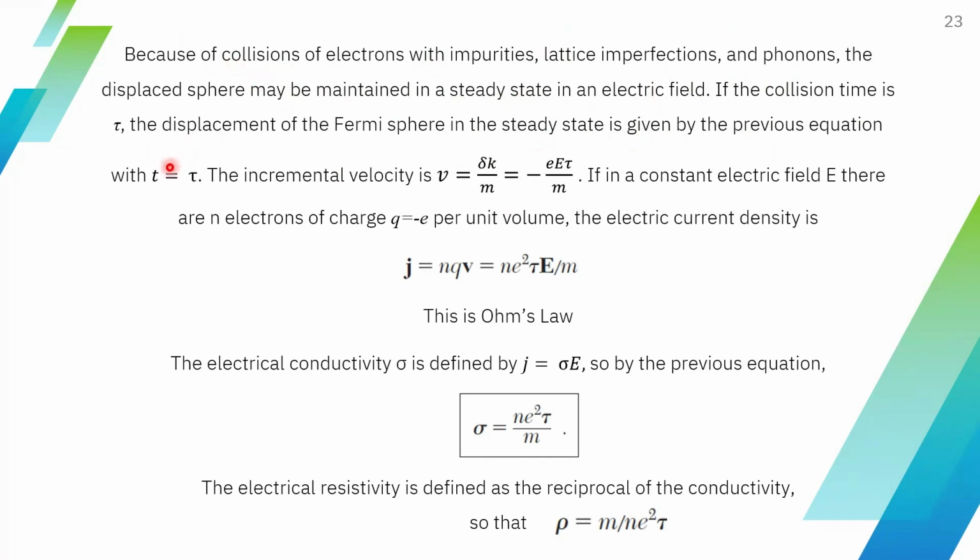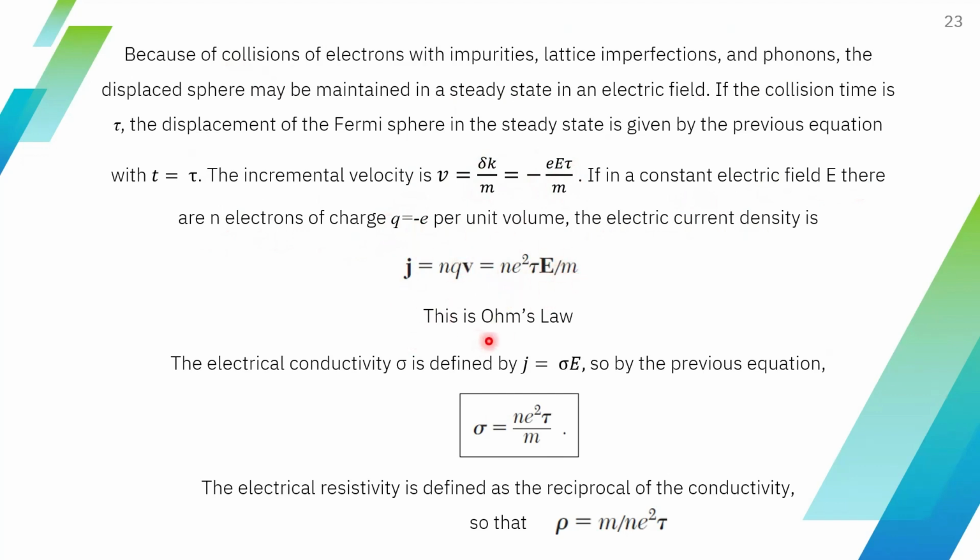So the incremental velocity is v equals delta k by m, which equals minus eE tau by m. If in a constant electric field E there are n electrons of charge q equals minus e per unit volume, the electric current density is j equals nqv, which equals ne squared tau by m times E.